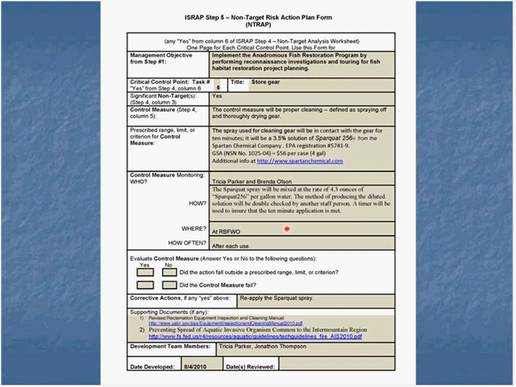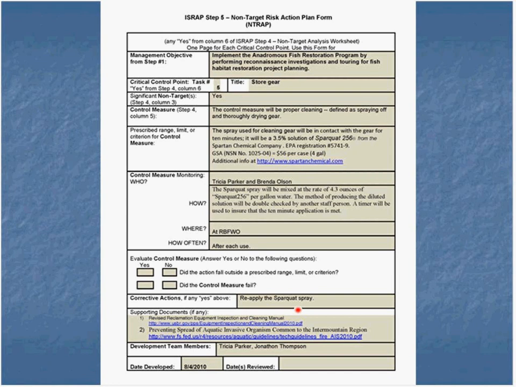And she's at the Red Bluff Fish and Wildlife Office, and after each time she goes out in the field, she's going to do that, each time she's applied the chemical. Nothing is checked here yet, because this is the plan. Once she's gone out in the field, she's done this. So those are boxes that she would fill out later.